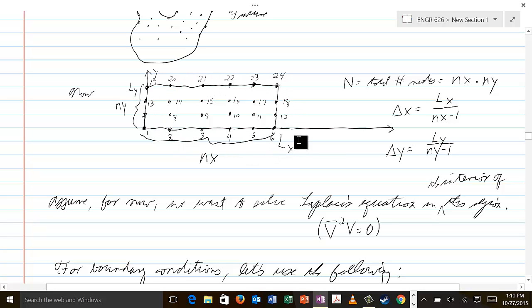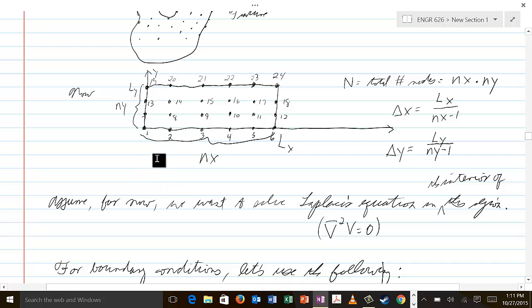Now I want you to look closely at what's going on here. We have the x-axis shown here, and this is the y-axis, and we're going to designate the length of the problem domain in the x direction as L sub x, and the length in the y direction as L sub y.